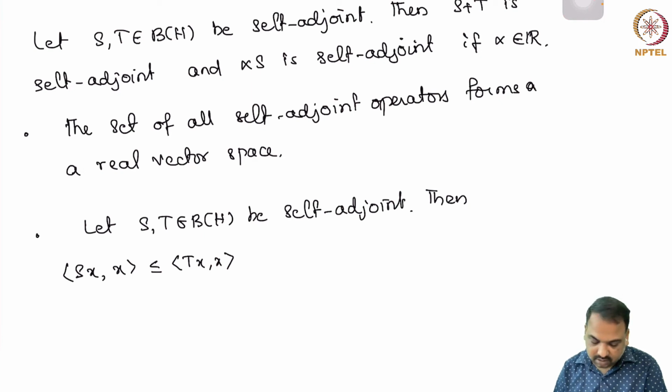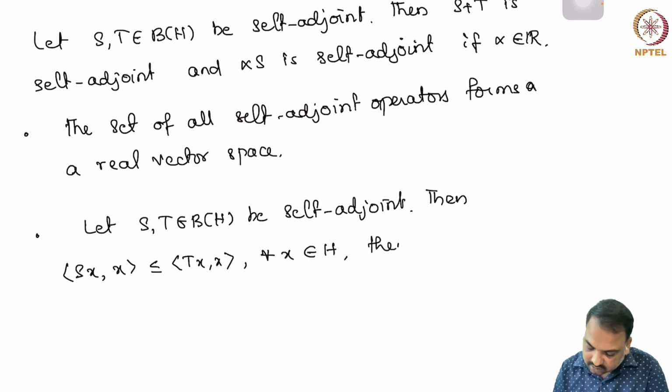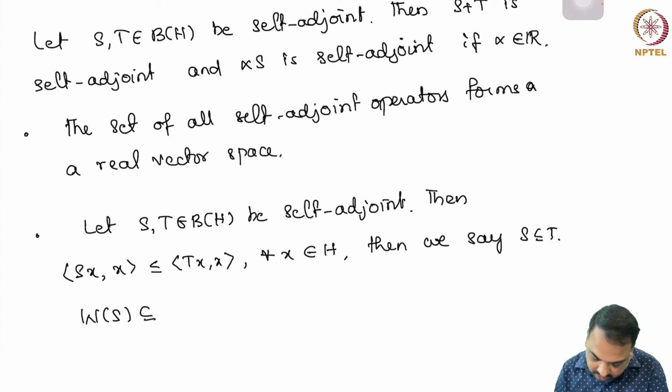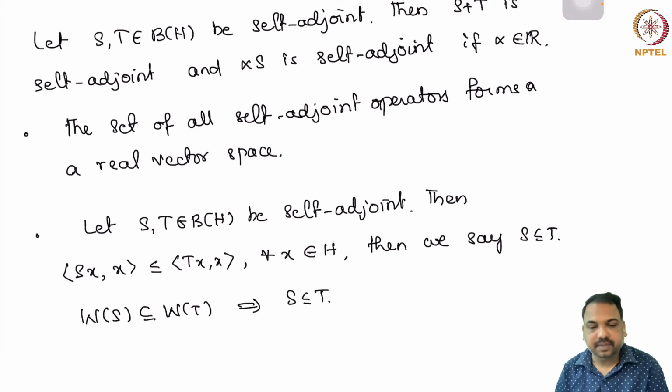That means if the inner product of Sx with x is less than or equal to the inner product of Tx with x for every x in H, then we say that S is less than or equal to T. In other words, the numerical range of S is contained in the numerical range of T.